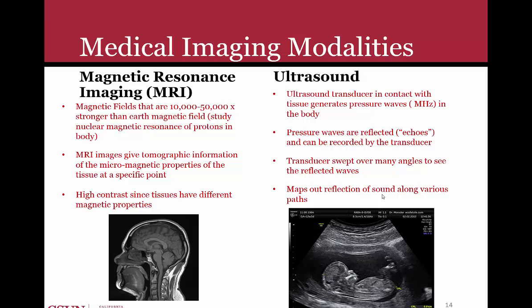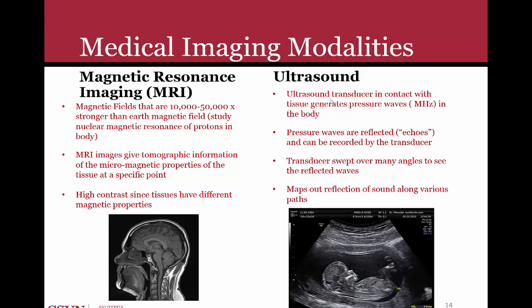Ultrasound. This one we're also mostly familiar with. You have an ultrasound transducer that is in contact with the tissue and generates pressure waves on the order of a couple of megahertz. I think 2.5 megahertz is the most common, though it depends on the mode.